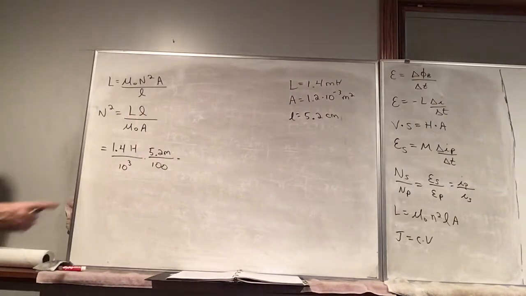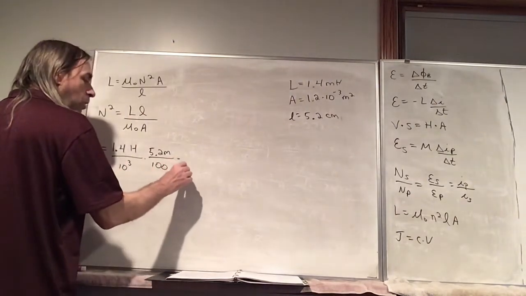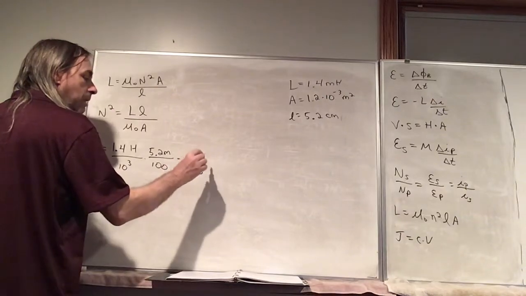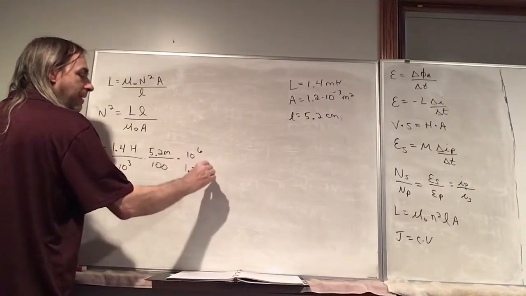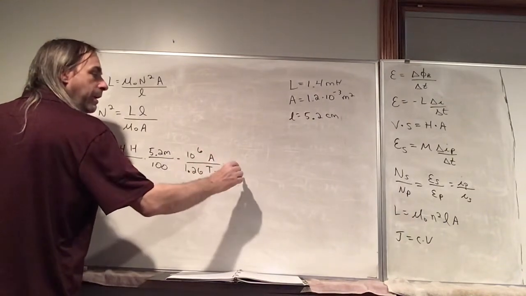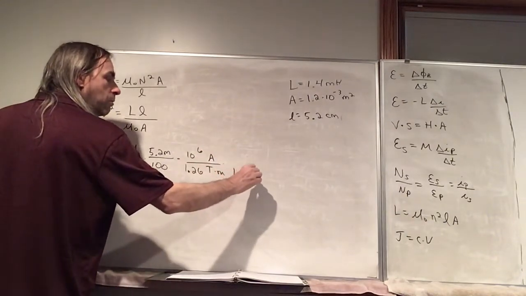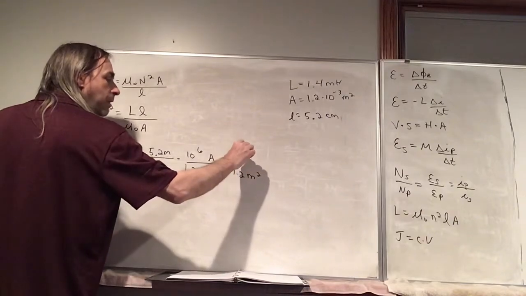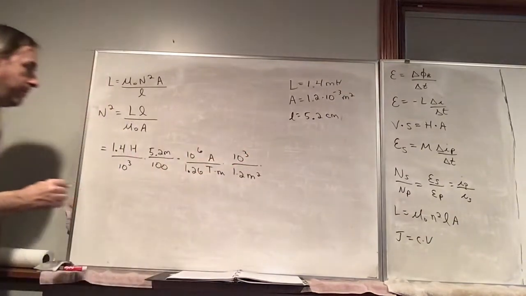Mu naught, I'll just do the 1.26 over 10 to the 6. And A is 1.2 times 10 to the minus 3 meters squared.